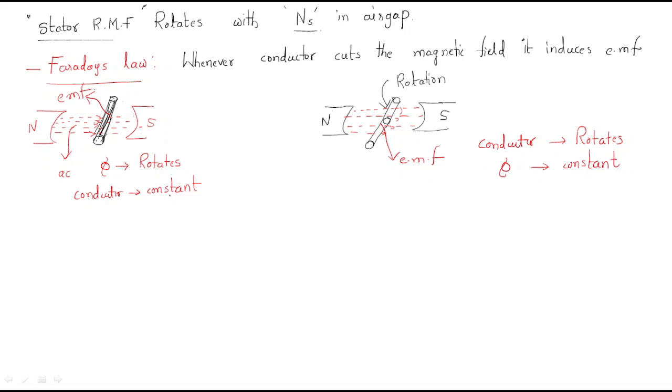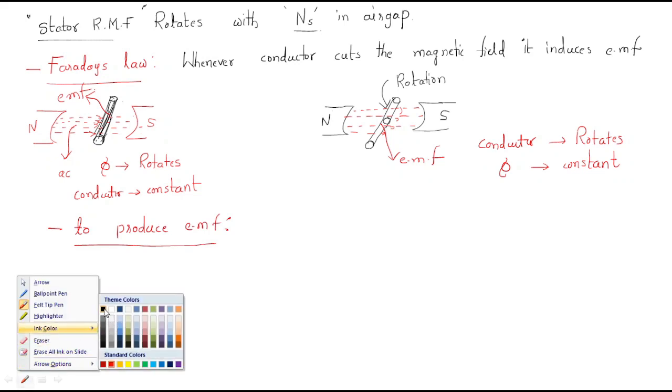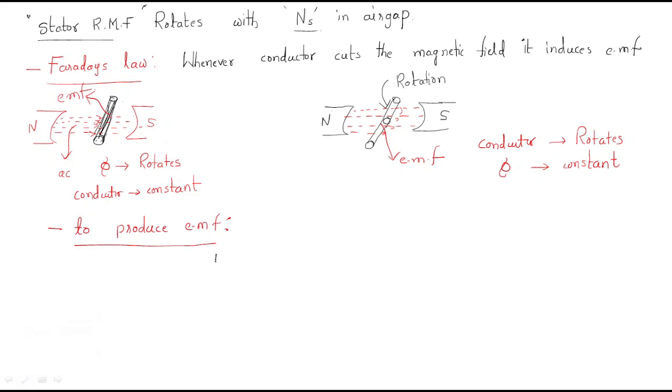So in order to produce EMF across any conductor, three things are important. The first thing, we require a conductor. The second thing, we require a magnetic field.